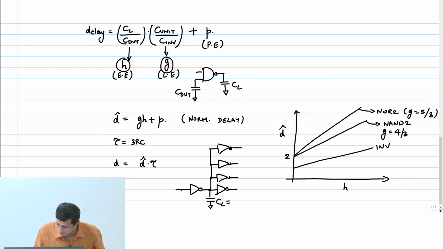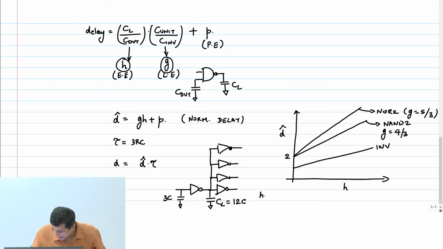Yeah, 4 times. So let us assume that this guy is presenting a capacitance of 3C. So what is CL equal to then? 12C, right? Because all are identical inverters.